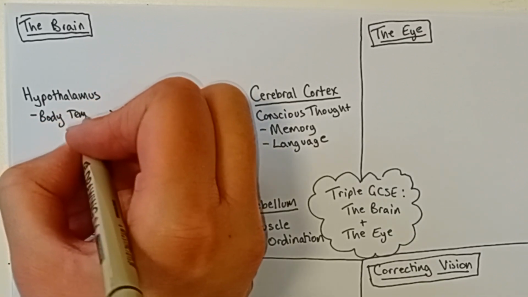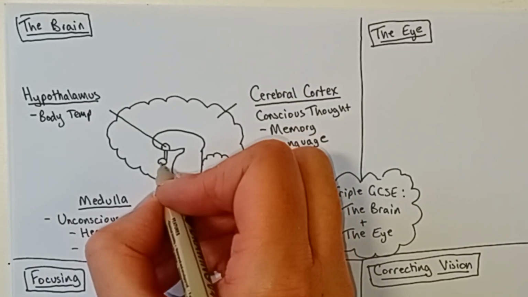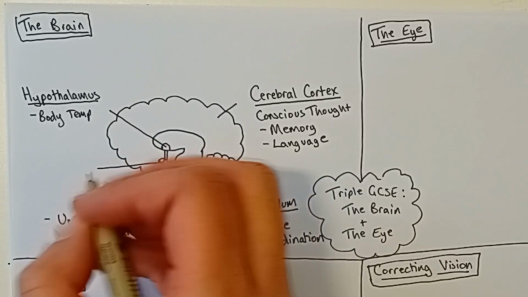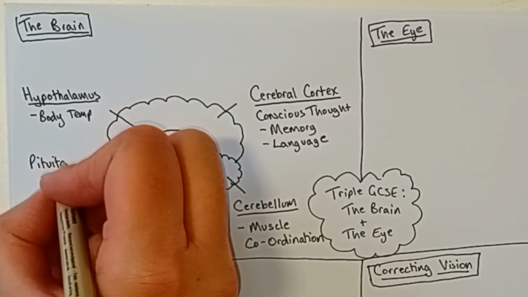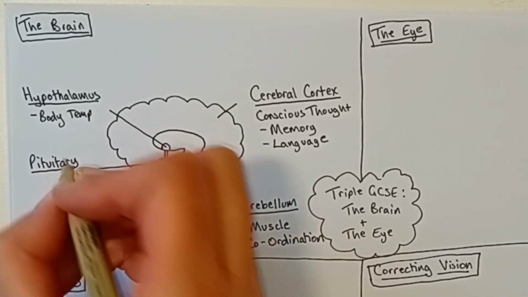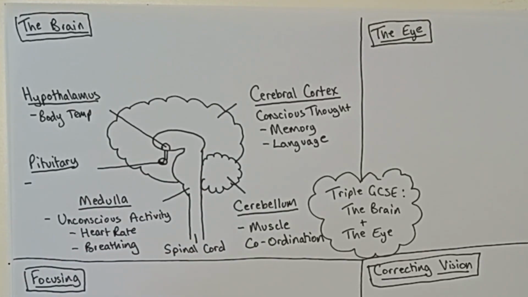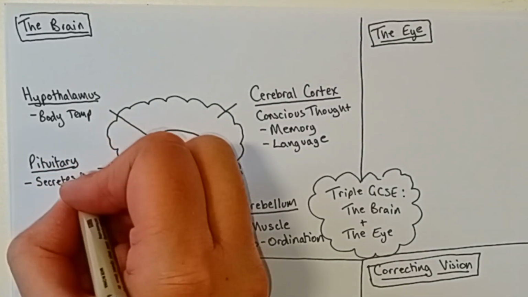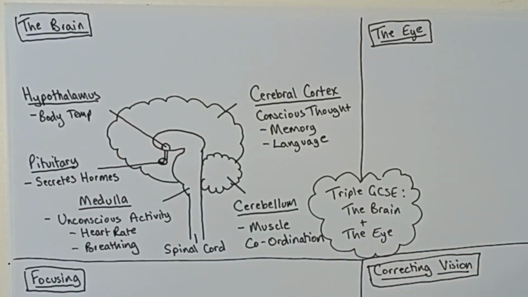It's regulated here. And underneath that are two lobes, actually. A little gland called the pituitary. And this secretes hormones, again to do with homeostasis. So we'll meet that in my next knowledge organiser on the endocrine system.